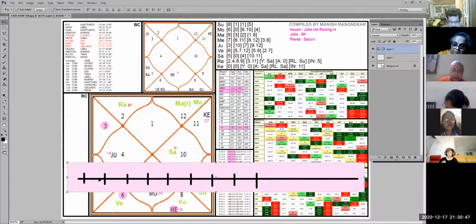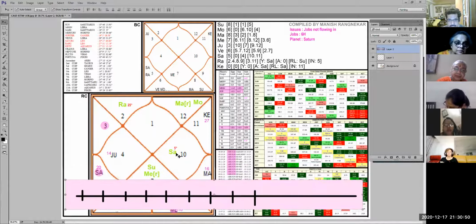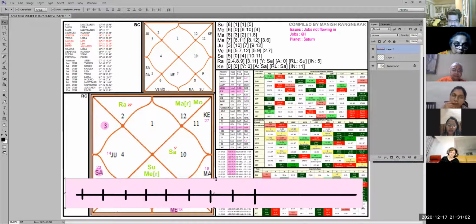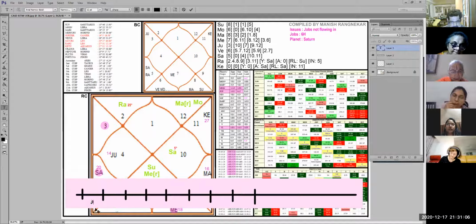Yes. Okay, so now since we are looking at a hit from the 10th Rashi to the 3rd Rashi, this is just a localized ladder, just for your understanding. I'm going to start from the 9th Rashi and go all the way. So this is my 9th Rashi. This is my 10th Rashi. This is my 11th Rashi.